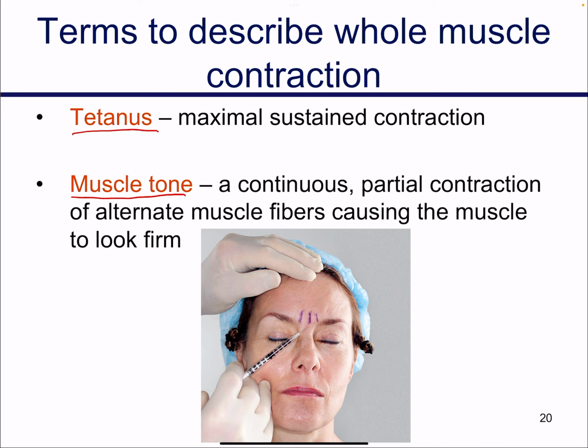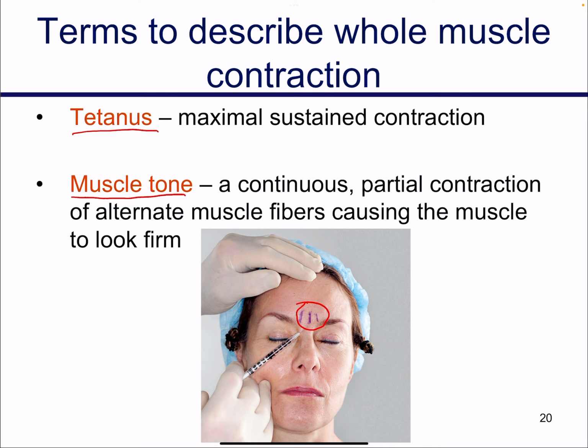Now, we use, for instance, Botox, which is actually a toxin. That toxin is a mild toxin that is used in cosmetology to partially contract the muscles of the face so that a person doesn't look old, right?